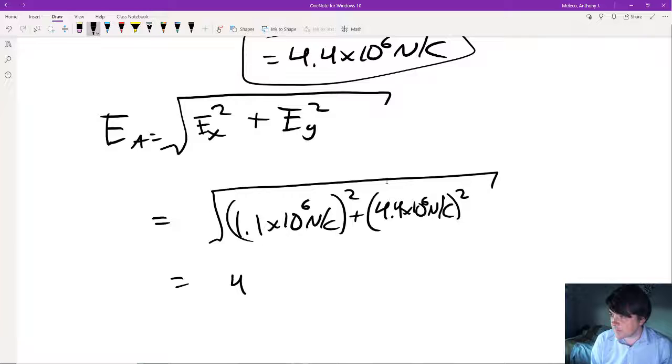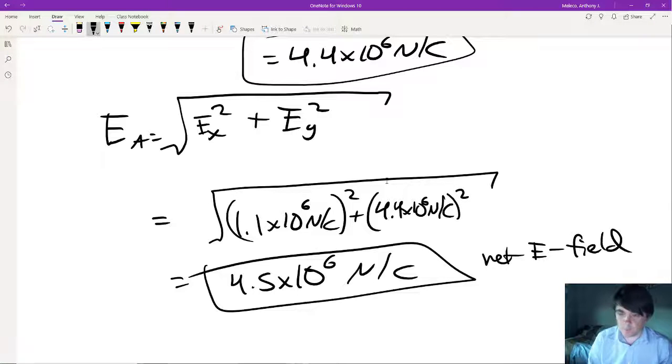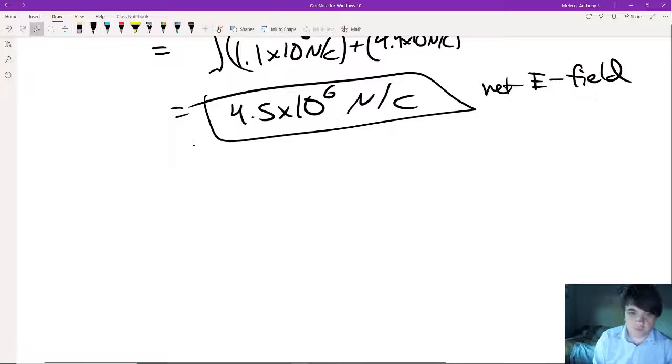And what we end up getting is 4.5 times 10 to the 6 Newton per coulomb. So this is the net E field.